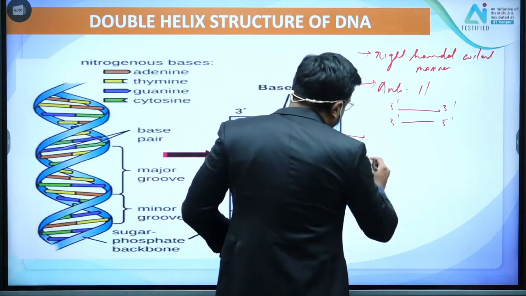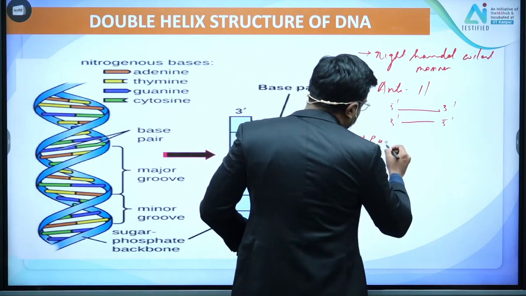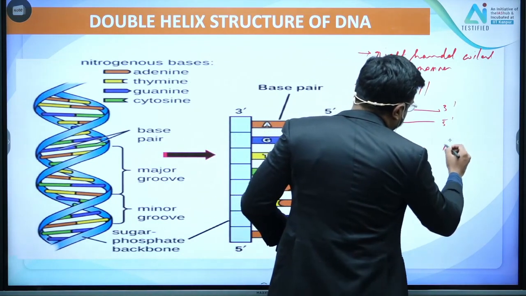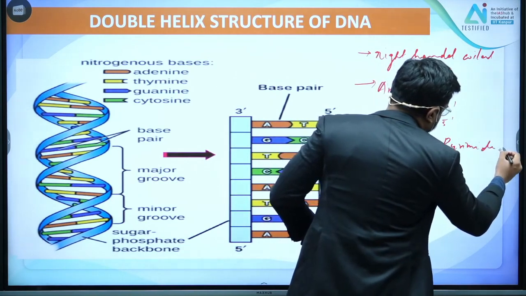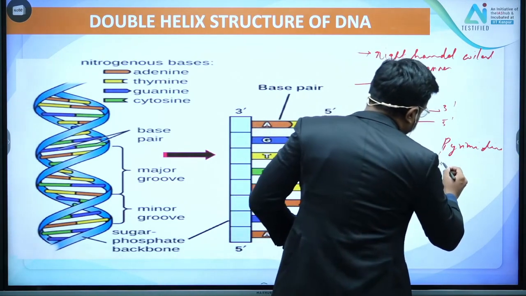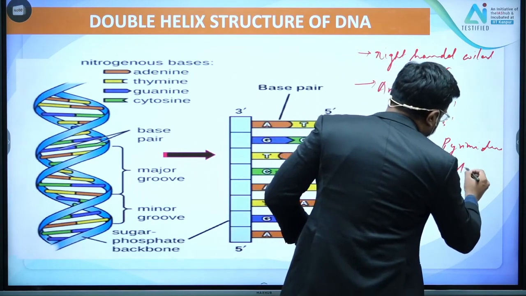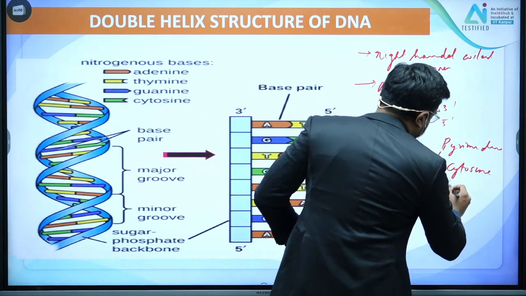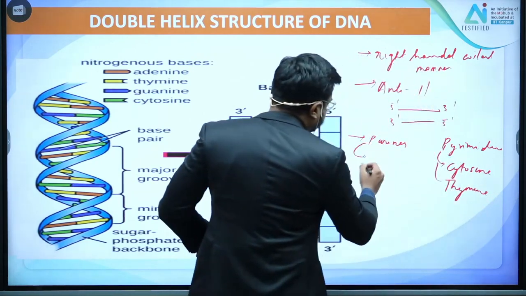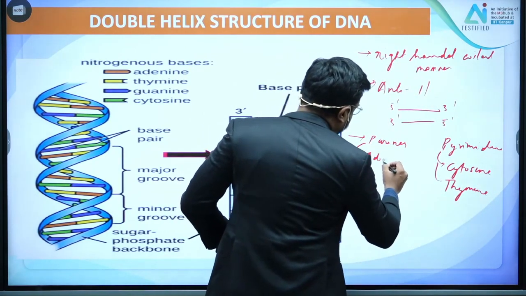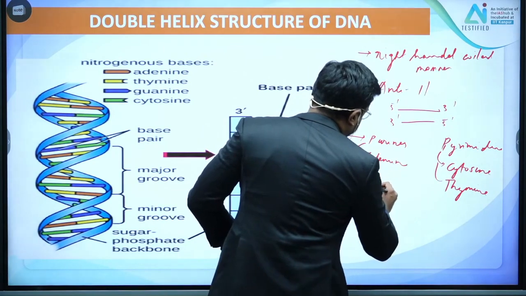Also, the nitrogenous bases are divided into purines and pyrimidines. Pyrimidines consist of cytosine and thymine, whereas purines consist of adenine and guanine.